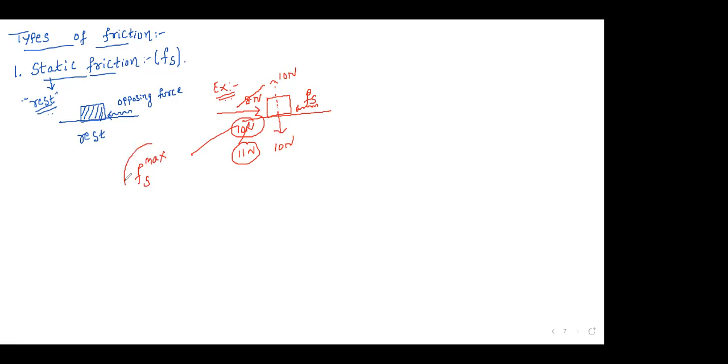At this friction, the body starts to move. At which friction the body starts to move, that friction is called maximum static friction. That maximum static friction is called the limiting friction.